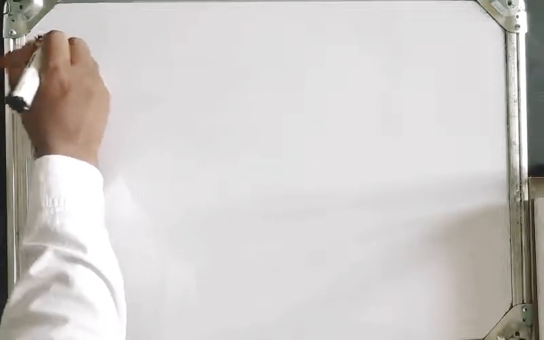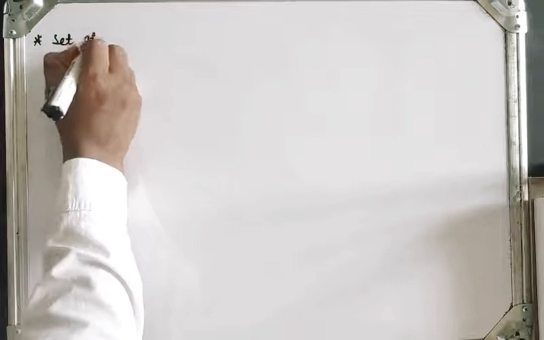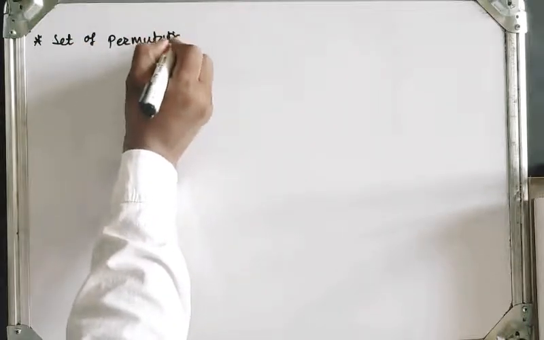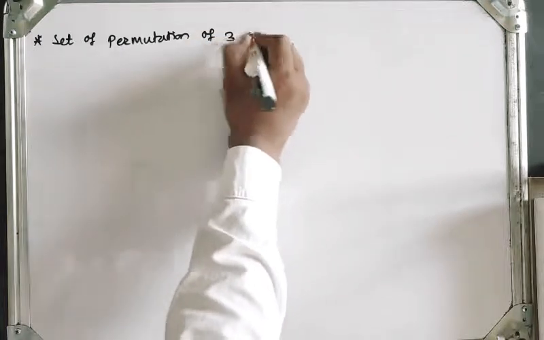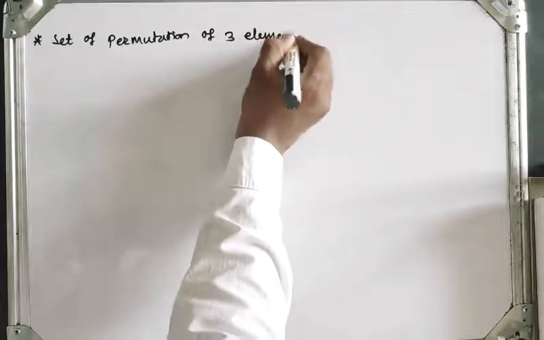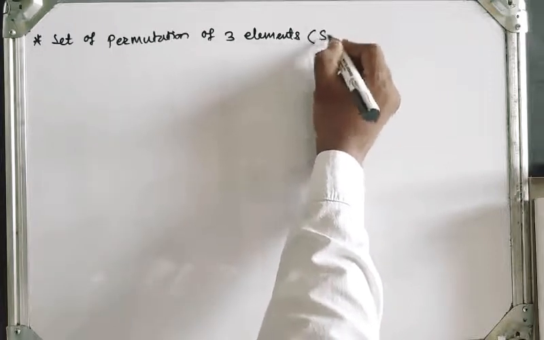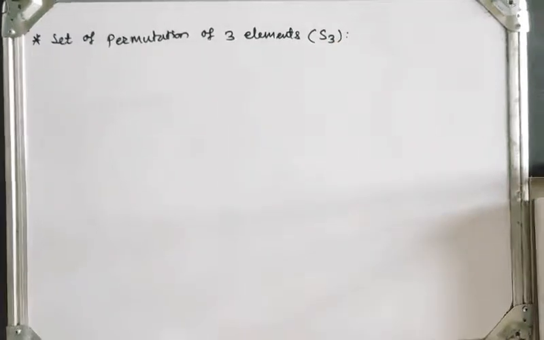So the set of permutations of three elements is the set S3.